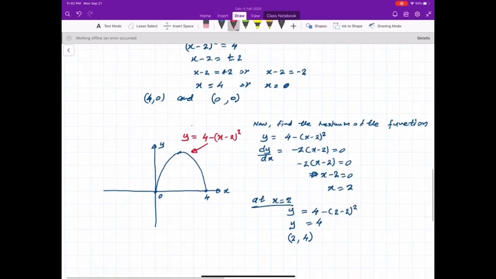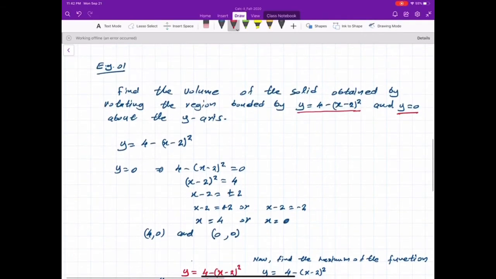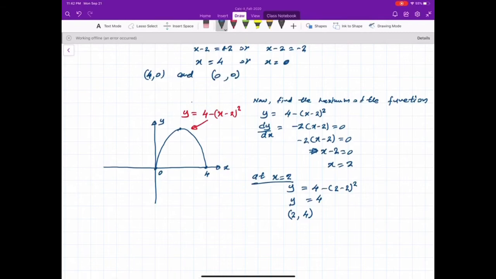Alright, that's that parabola. And then it says another line. That line is y equals 0, which is right here. Now the corresponding region is this. So this is the corresponding region.